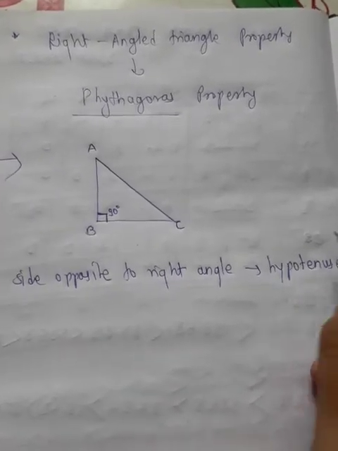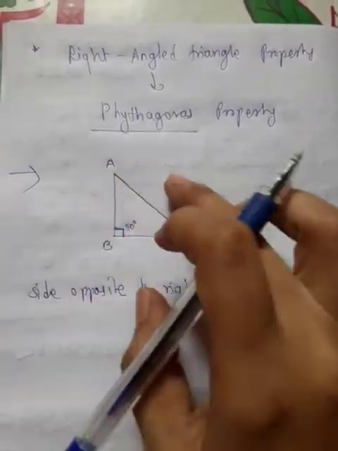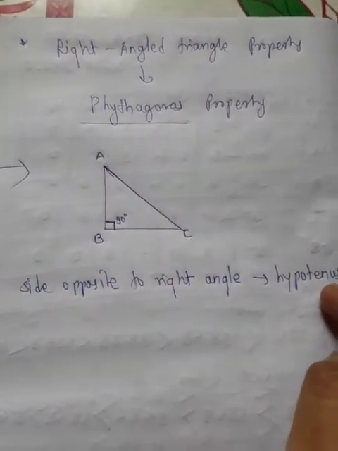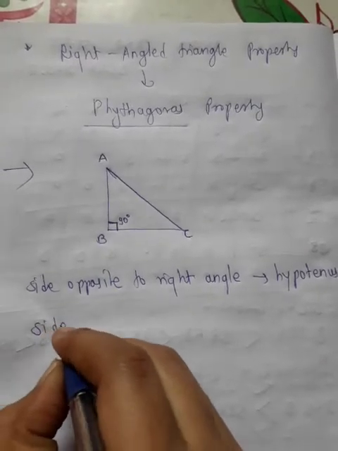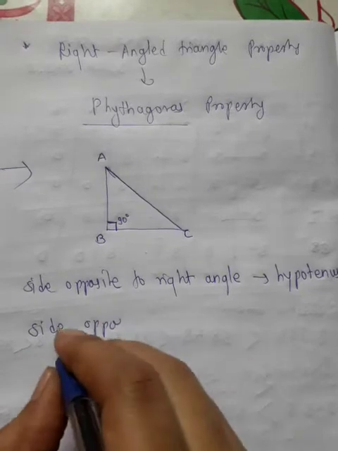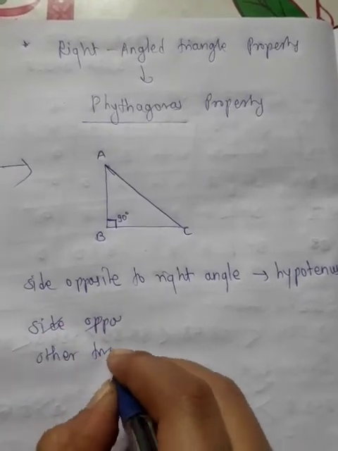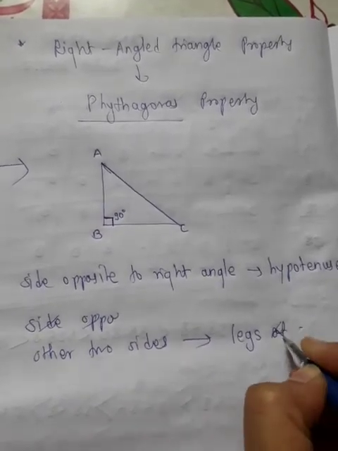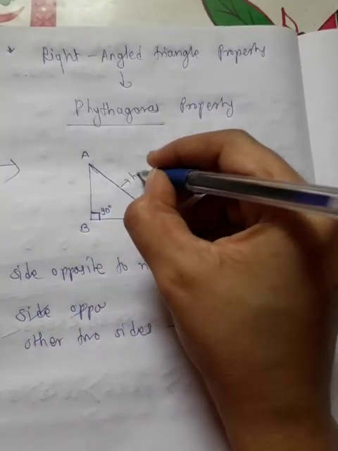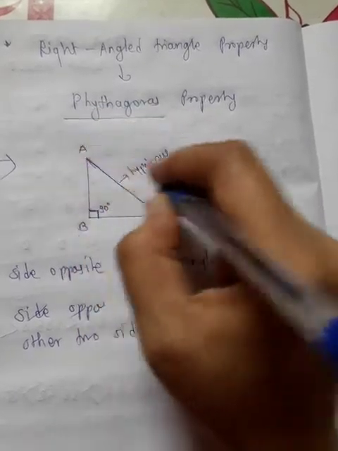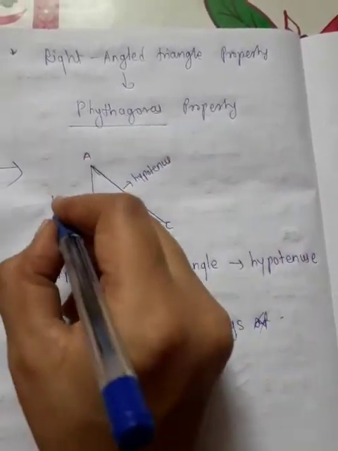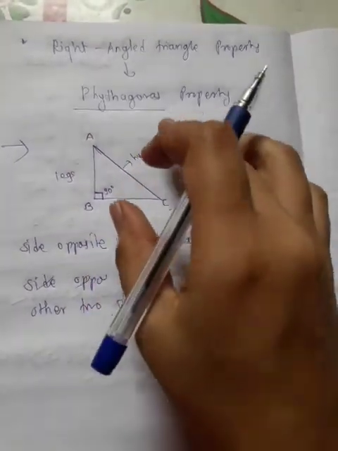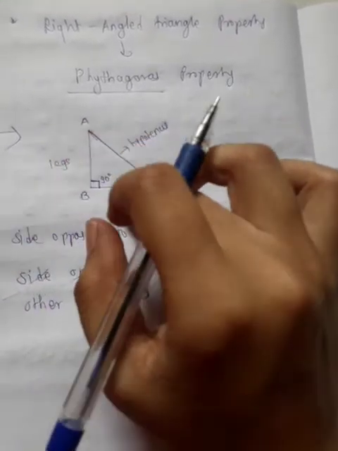So in a right angle triangle, three sides have special names.